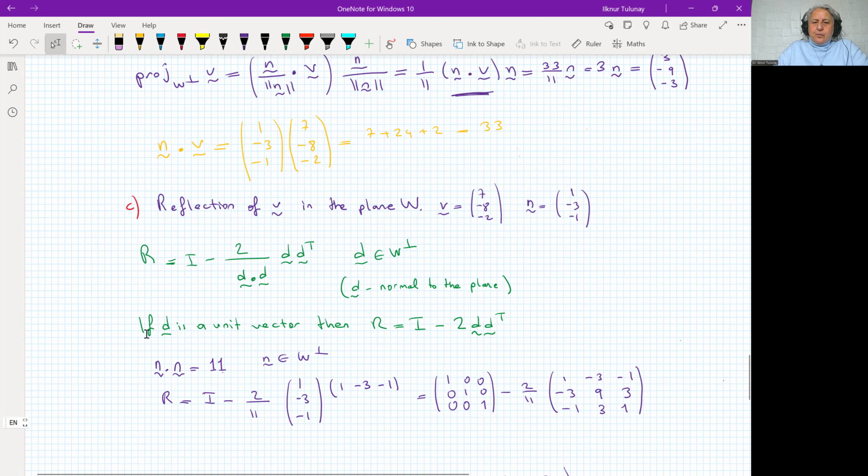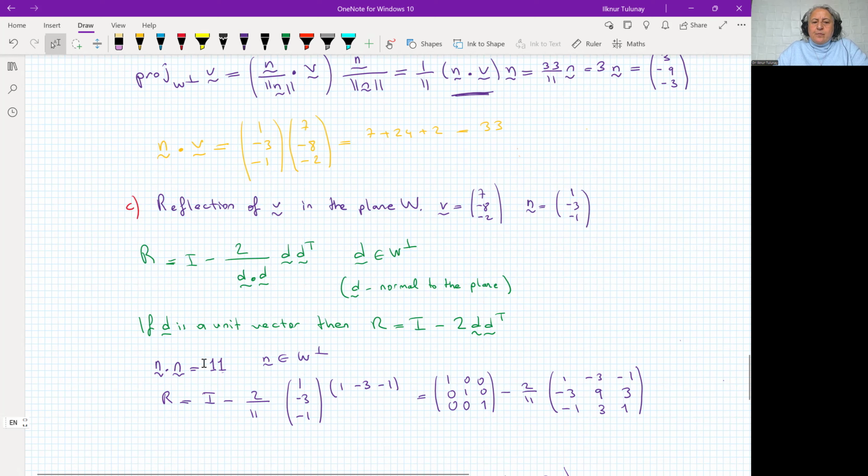If d is a unit vector, then this formula reduces to the identity matrix minus d times d transpose, as a matrix multiplication.